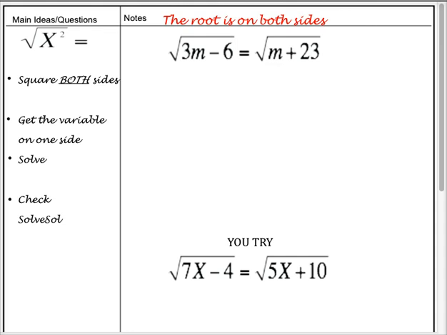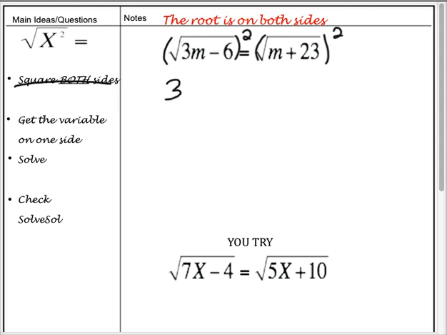Well, what about when the root is on both sides? All right, when the root is on both sides, we mix up the order a little bit. We're going to start by squaring both sides in this case, because we want to get rid of those square roots. So if it's already on both sides of the equation, just square both sides.